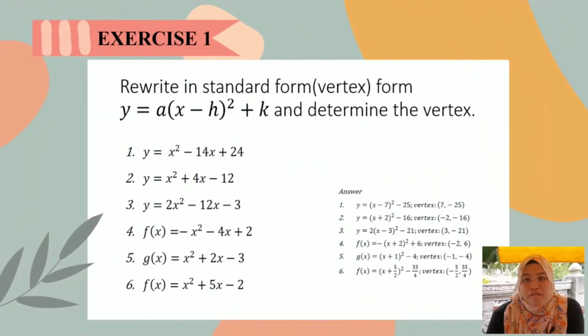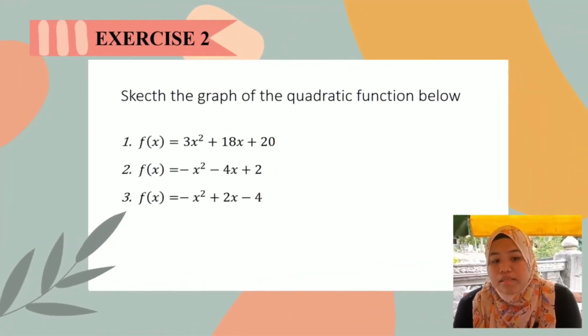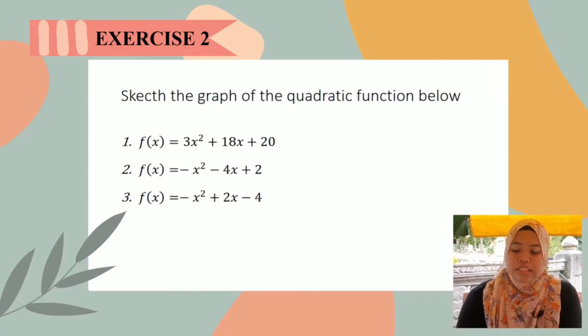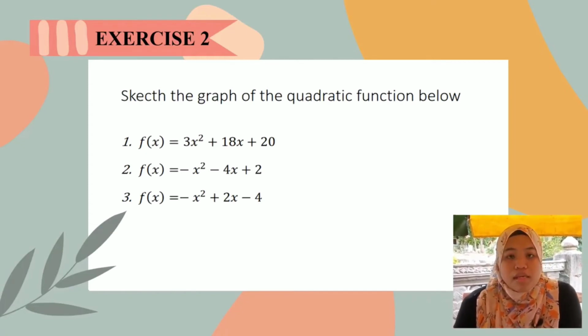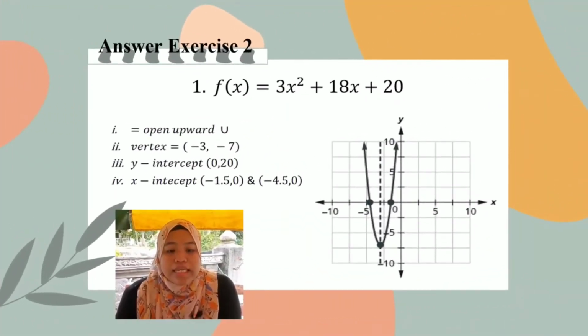First exercises is for rewriting in standard form. So these are the questions and also the answers. The second exercises is to sketch the graph of the quadratic functions below. So these are the 3 questions for the exercises. This is the answer for question 1.